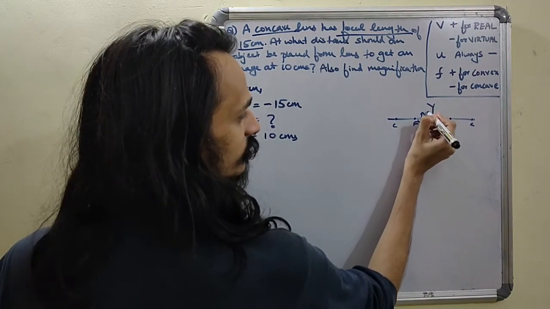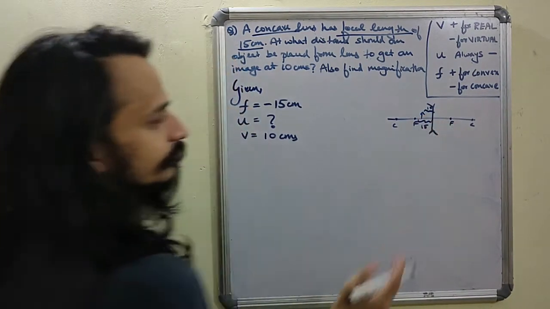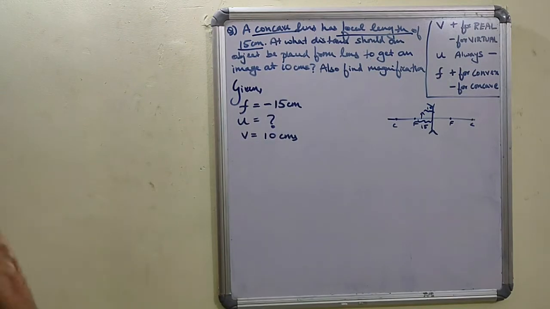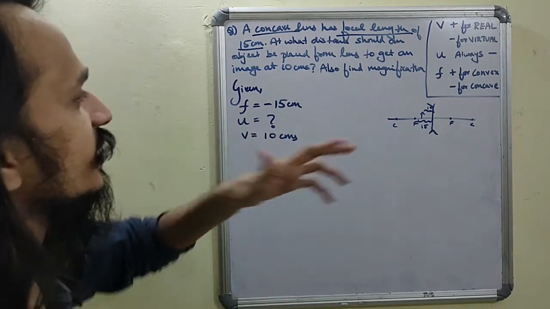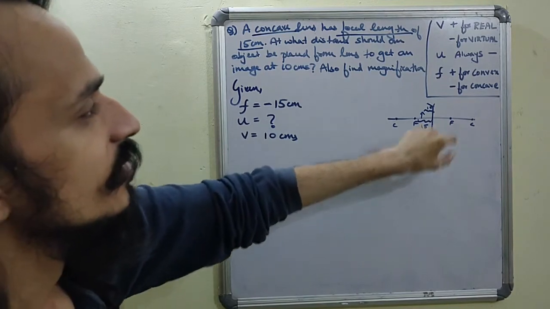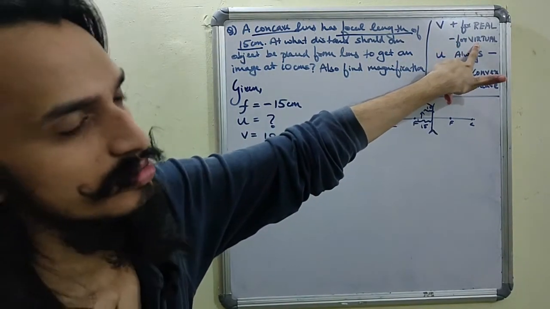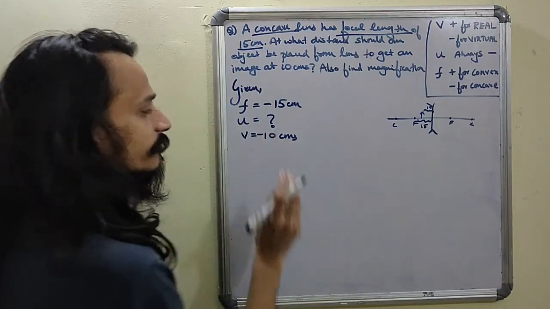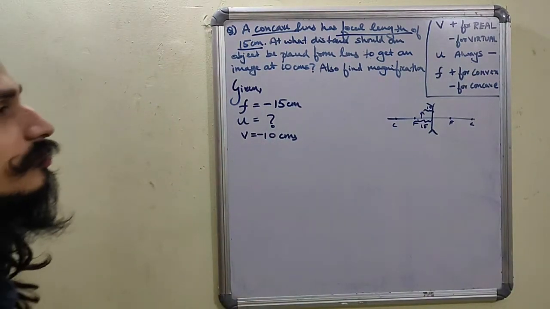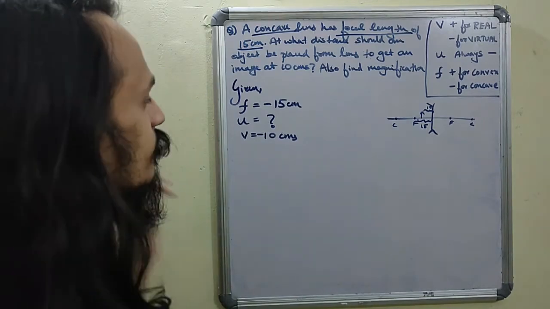So this can be F. Anyway, it hardly matters because we know concave lenses will always give you virtual images. So that means this V is minus 10. This is how we use the sign convention.